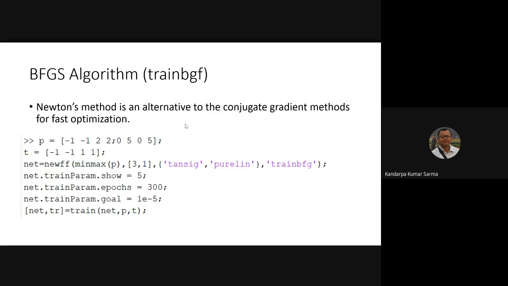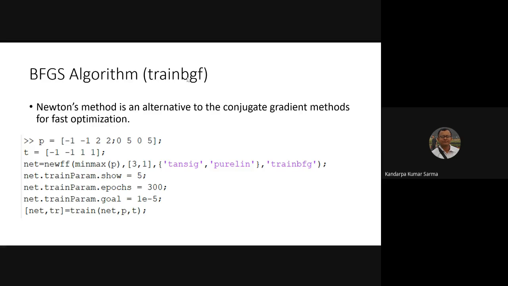Then there is one more training method, and this is based on the quasi-Newton's optimization technique, and this is called the train BFG. So here the last part, BFG changes.